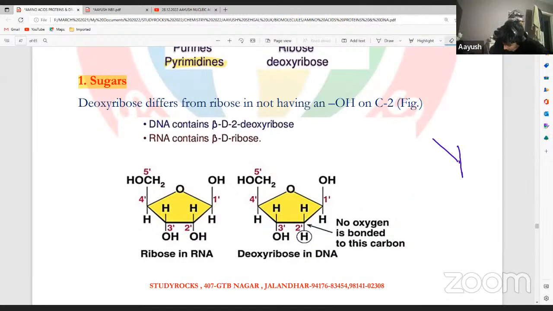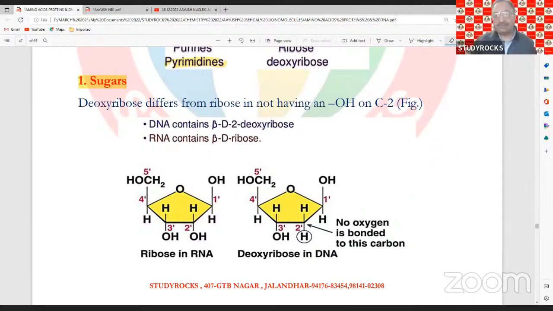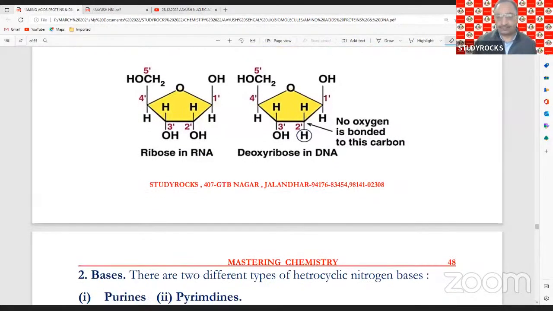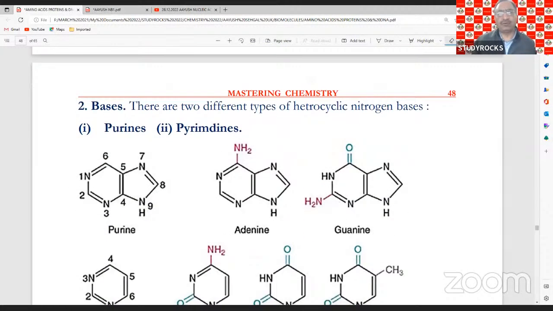The rest is similar. And it is being named as 1 dash, 2 dash, 3 dash, 4 dash, and 5 dash in the numbering. This is a nomenclature that you use. You must have studied it in bio as well. So these are the structures of ribose and deoxyribose, that means sugars.